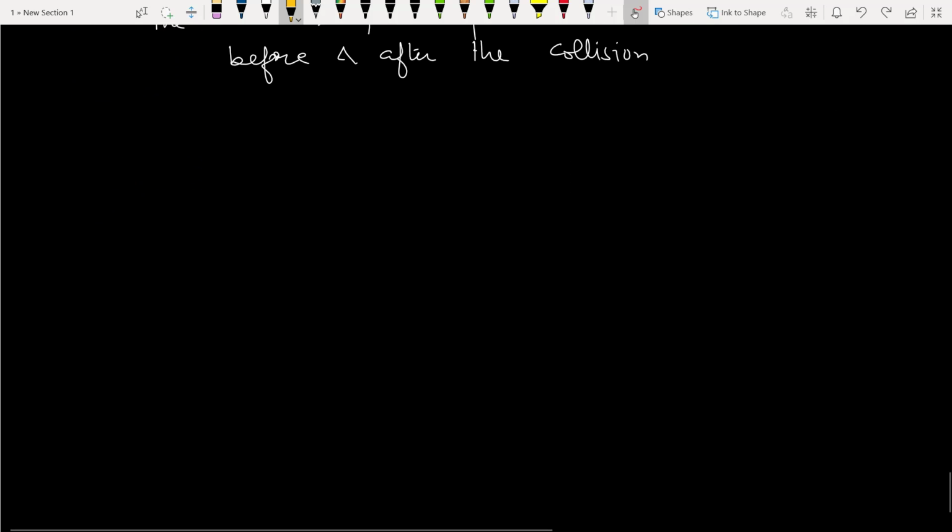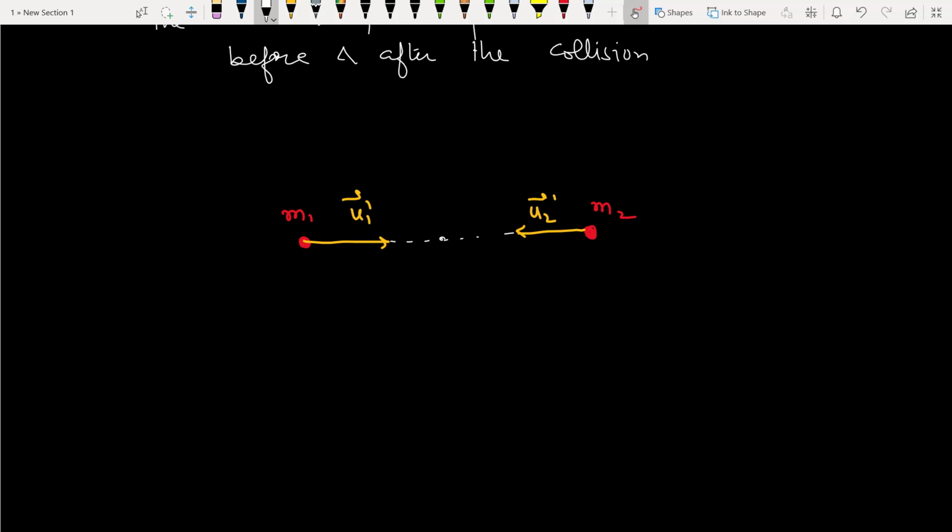And if we try to represent the total collision in a single diagram, then it will be represented like this: if we have two particles, say m1 and m2, moving with velocities u1 dash and u2 dash, clearly we have studied they are moving in opposite direction and they collide at this point, and after the collision both the particles move in this direction.